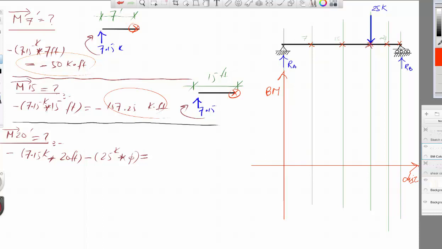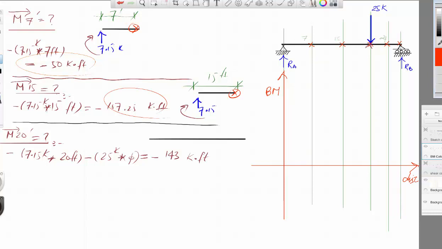So this is equal to minus 143 point, no, but there's no point here, so that's kip foot. Again, if we would like to do this, the sketch maybe will look like this.